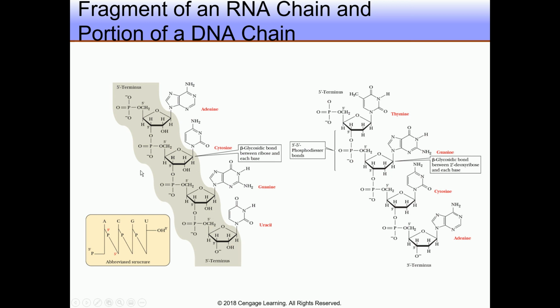This kind of linkage is called a phosphodiester linkage. So this is the way. Through this phosphate group attached to the 3' of this nucleotide and the 5' of this nucleotide, these two nucleotides are linked to each other, and they're called phosphodiester bonds. So this is basically shown.